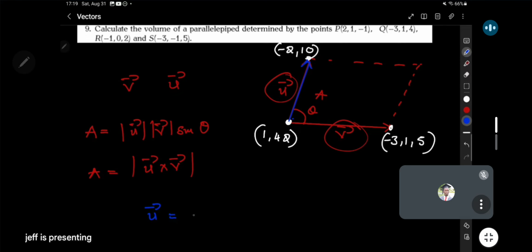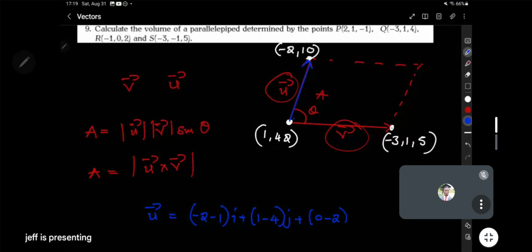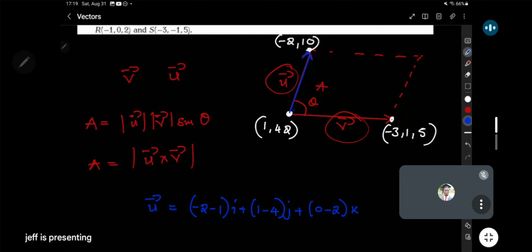So it's going to be -2, since we're going to that point, minus 1, in the i, plus, next it's going to be 1 minus 4, j, then plus 0 minus 2, k. Now, since I've put this point to be the one in the middle, from here I'll go to this one here.